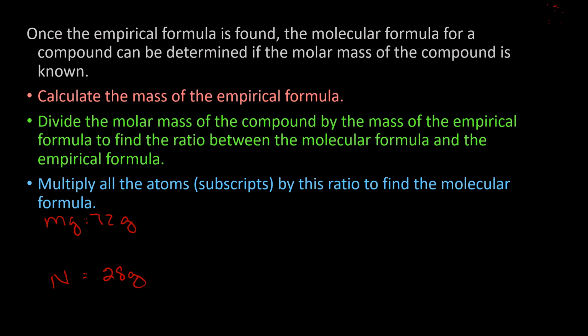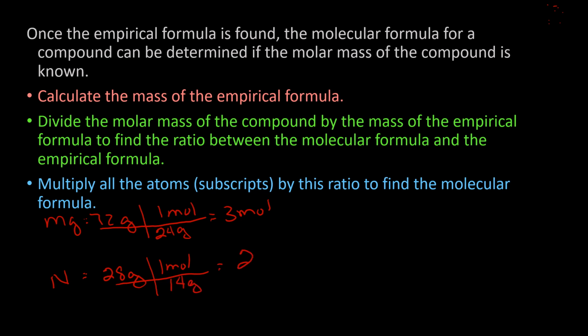So we need to convert those to moles. Magnesium has a molar mass of 24 grams, so that is 3 moles. Nitrogen has a molar mass of 14 grams.